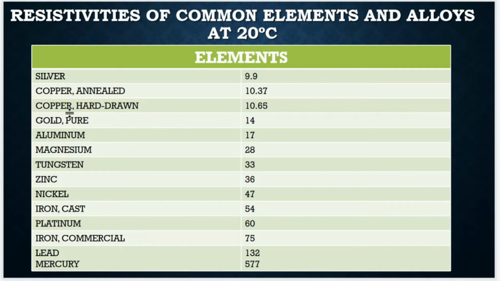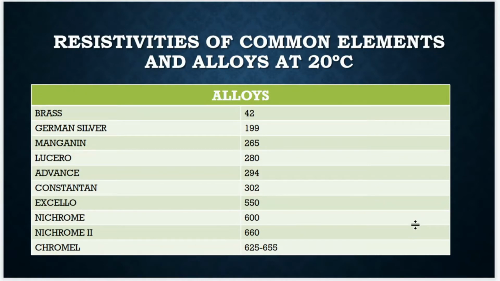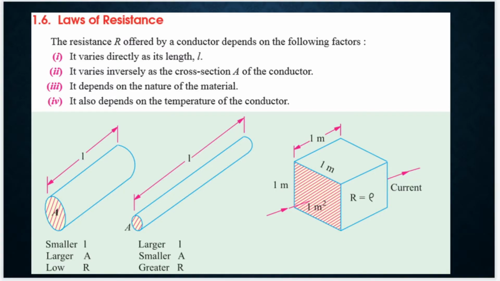So copper hard drawn is 10.65 ohm circular mil per foot, up to mercury, which is 577 ohm circular mil per foot. Another group is the alloys: brass is 42 ohm circular mil per foot, up to chromel, that is 625 to 655.